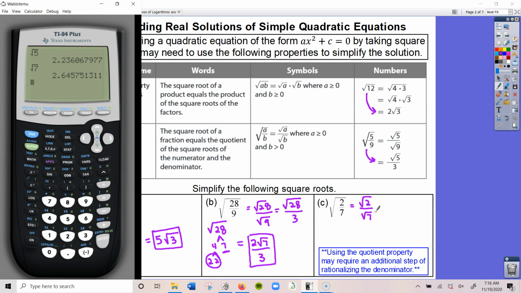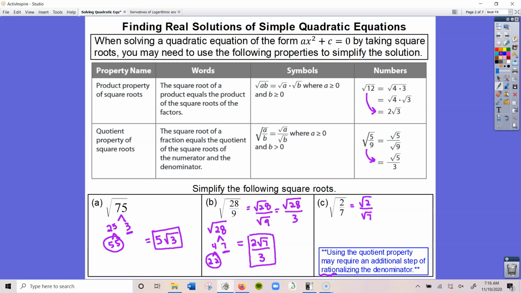So in order to make this denominator whole, what we're going to do is called rationalizing the denominator. And that's because the square root of 7 is an irrational number. So we want to make it rational. And how you do that is by simply taking whatever is in the denominator and multiplying it to the numerator and the denominator. When you are multiplying, remember this is like working backwards.